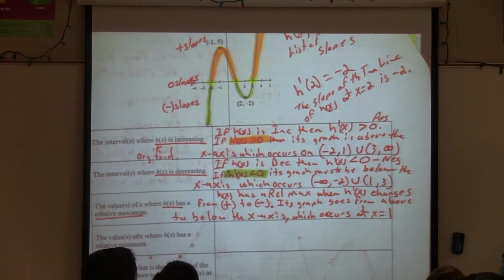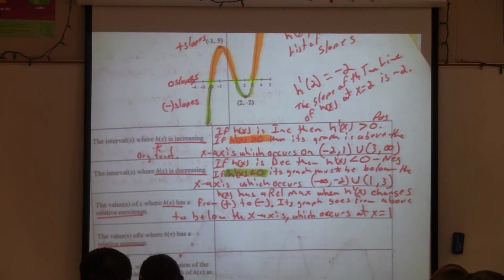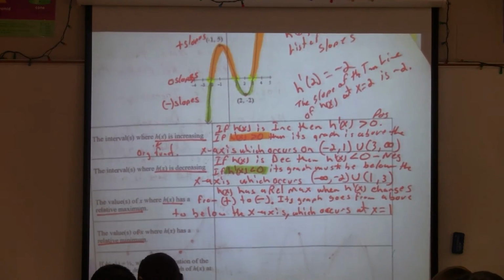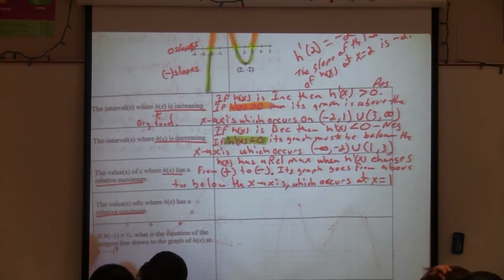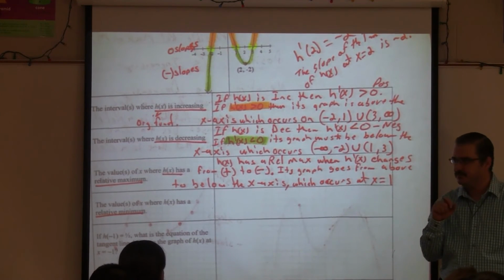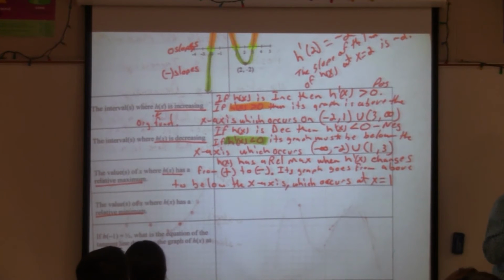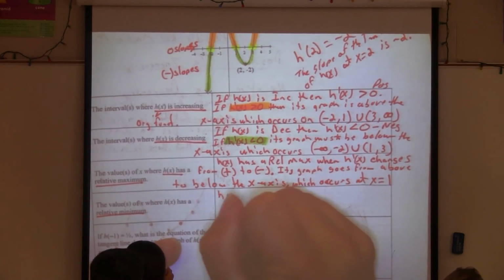You with me? So what do you think the idea for a minimum is going to be? From a negative to positive. Very good. Why from below to above? The derivative has to go from a negative to a positive. So let's write that down.